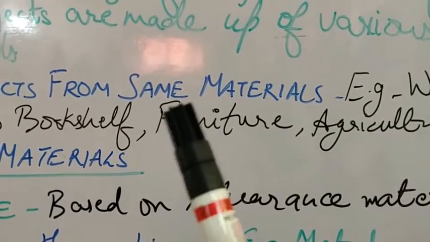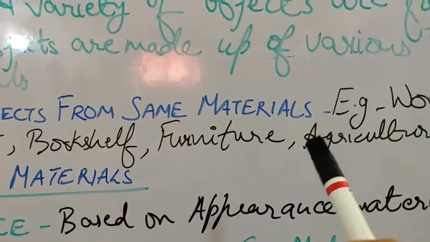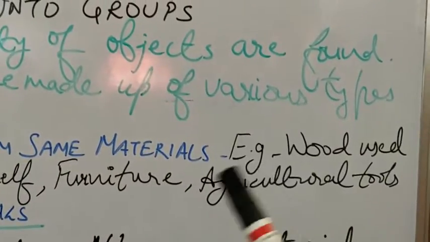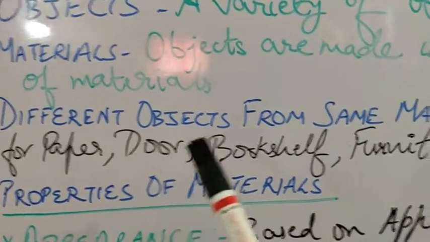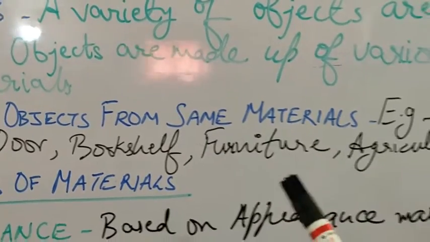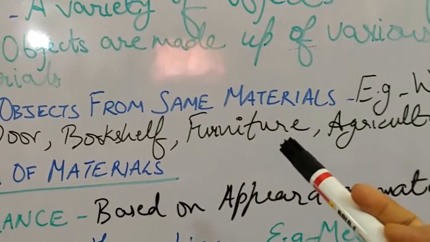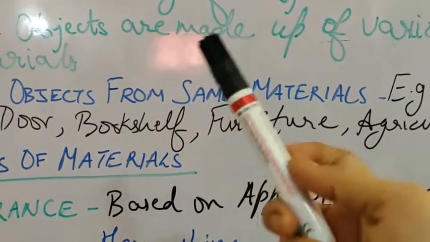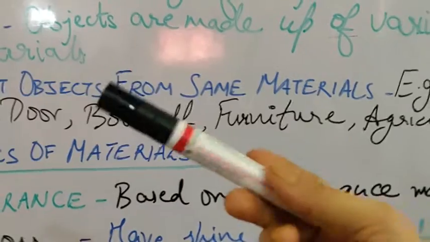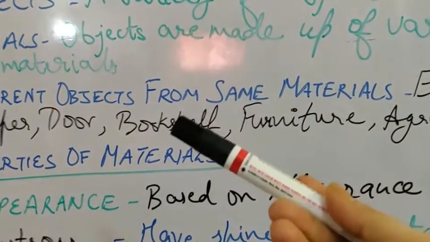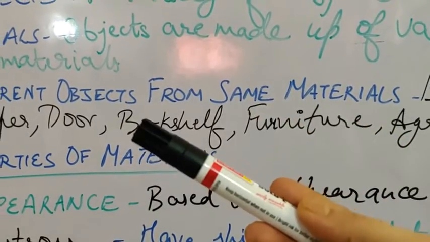So the same object can be made up of different types of materials, and, as in the earlier example, the same material can be used to make different types of objects. Other examples we can take too: if I take the example of a pen, we can have a pen of plastic, we can have a pen which is made up of wood. So different types of materials can be used to make a pen.